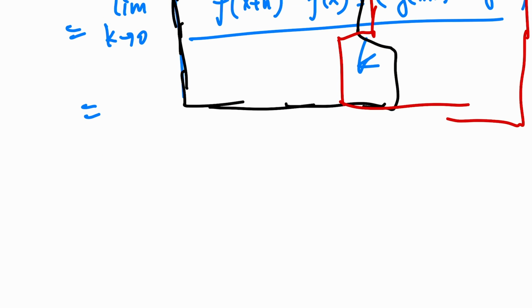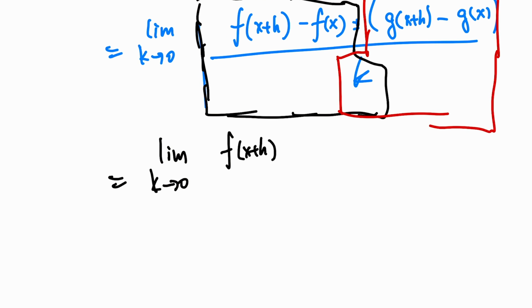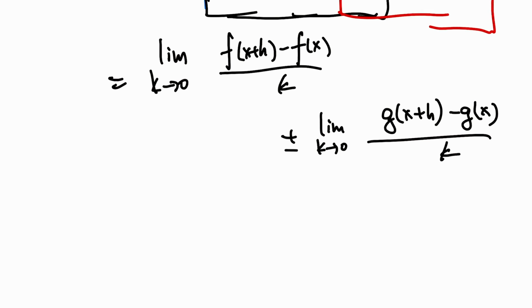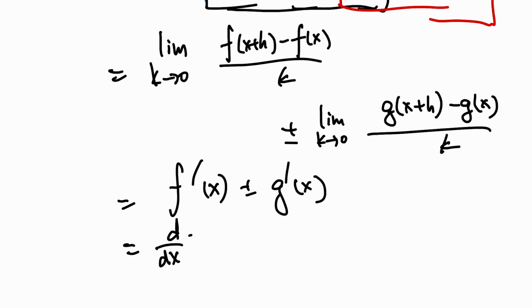So that would turn into the limit as k approaches 0 of f of x plus k minus f of x over k, plus or minus the limit as k approaches 0 of g of x plus k minus g of x over k, and that would be equal to just f prime of x plus or minus g prime of x, which obviously would just be equal to this if you prefer to write it this way.